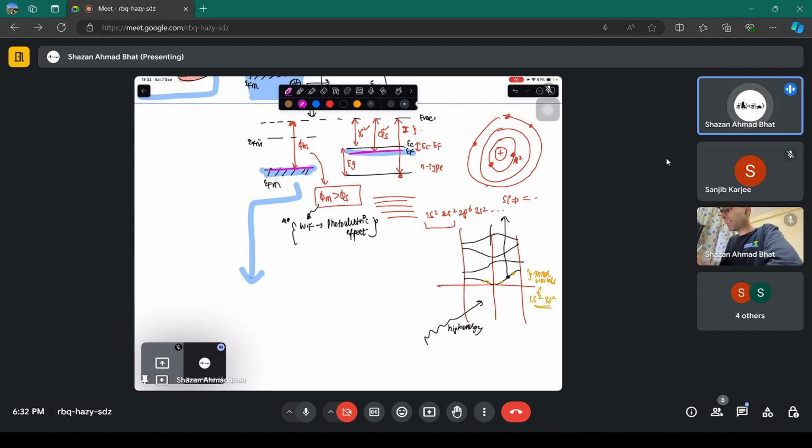But if you understand what happens in PN junctions, this is a similar concept. If you had the Fermi level of N-type higher and the Fermi level of P-type lower, then because of the difference in the Fermi levels, the electron goes from higher Fermi level to lower Fermi level, just like water dripping from higher potential to lower potential. You have more water here, you have less water here, it will drip to the other side until there is equilibrium.